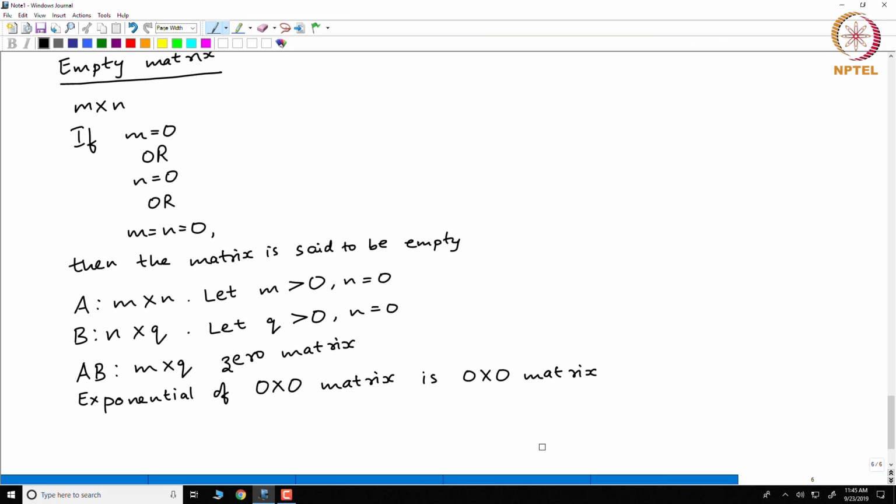Can we take the product with u1 or u2? Yes, provided u1 and u2 are also empty, so that the matrix dimensions match. So what we get is a resultant column vector which is also empty.